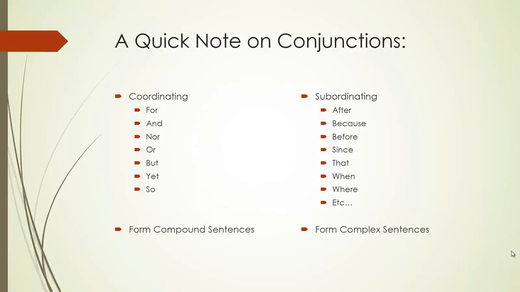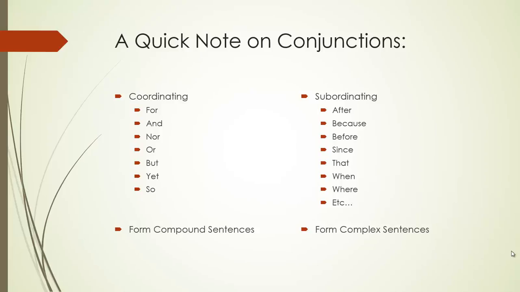And just to talk a second about conjunctions, you're probably familiar with the words on the left: for, and, nor, but, or, yet, so. The FANBOYS words, if you look at the first letter of those words. These form compound sentences. A compound sentence is a sentence that has two or more independent clauses. I love you and you love me. I love you, subject, verb, object.